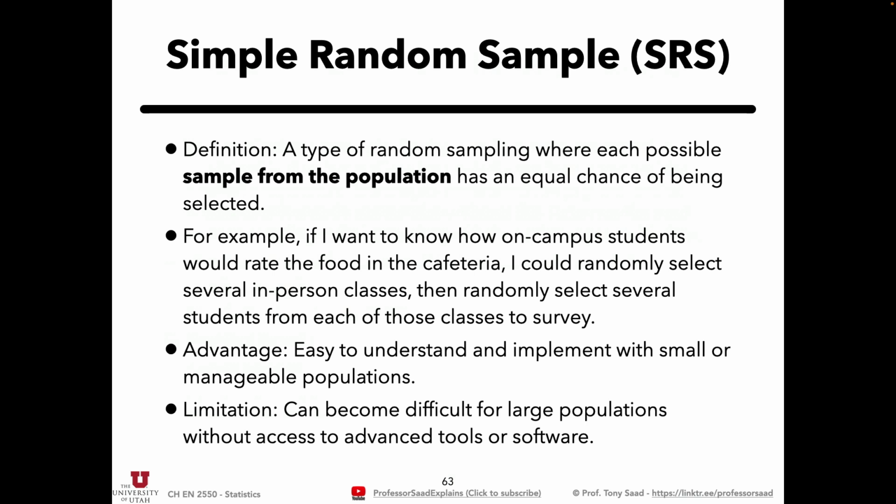So in a way, you've narrowed down your random sampling. It's a simple random sample. It's easy to understand. I disagree with that, but it's easy to understand apparently and implement with small and manageable populations. And again, it can become difficult for larger populations. Okay? I've rarely seen this simple random sample. I've seen random sampling or the other types.